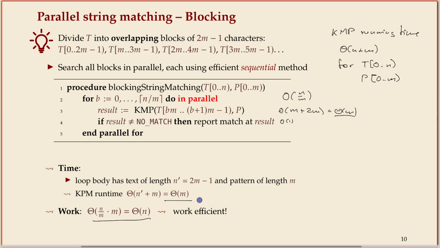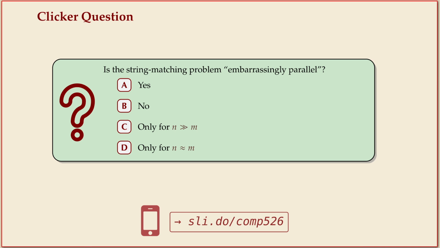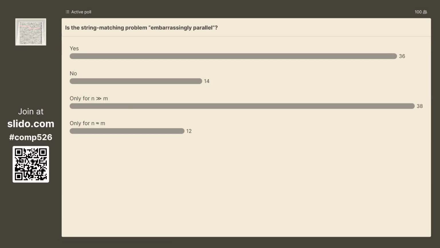So is that a good algorithm? I guess here it kind of depends. Well, first of all, coming back to the question, let me show it again. Maybe now you can tell.